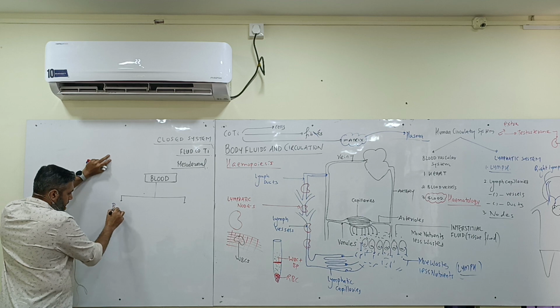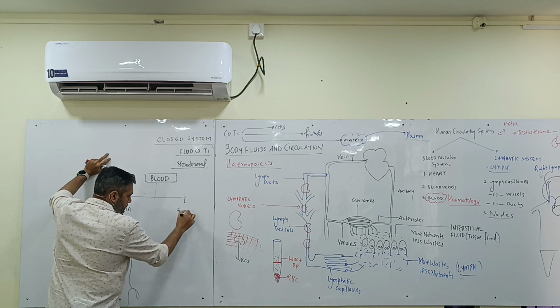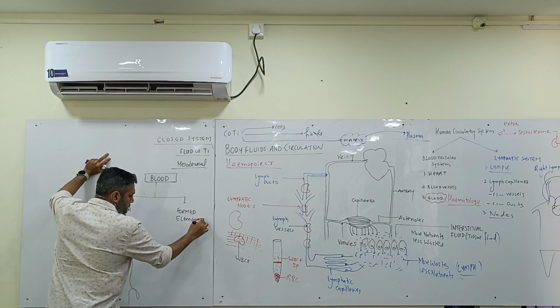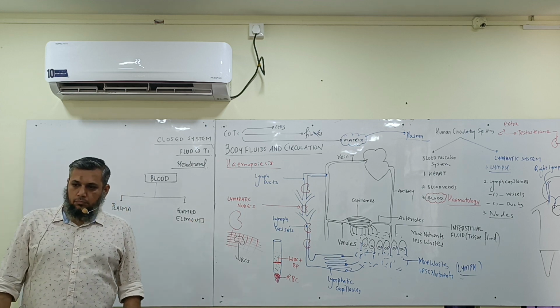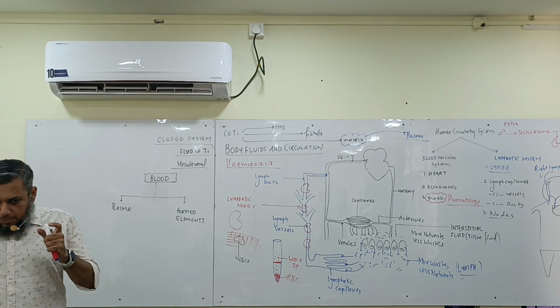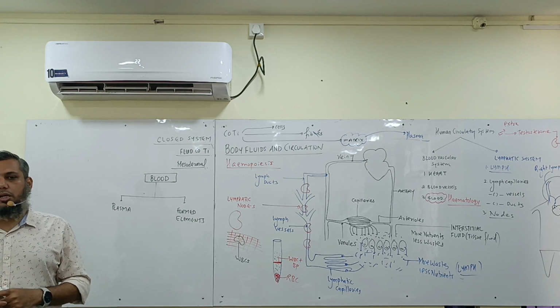The liquid part of the blood is called plasma, and you have got the cells which are called the formed elements. Why are they called formed elements? Because they are formed at some other place and then they are released in the blood. Inside the blood, their formation does not take place.